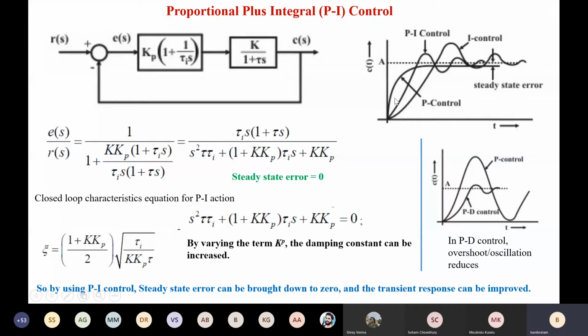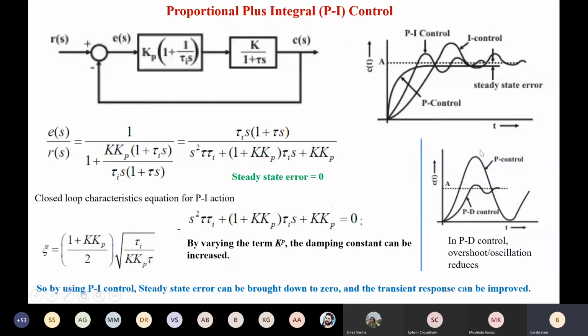So till now what we understand is, in case of P control, there is always a steady state error. But if I use integral, then your steady state error is getting eliminated, but it is causing more oscillation, and the overshoot is also more. Overshoot means it is going very high, very far with respect to the desired value at the beginning.